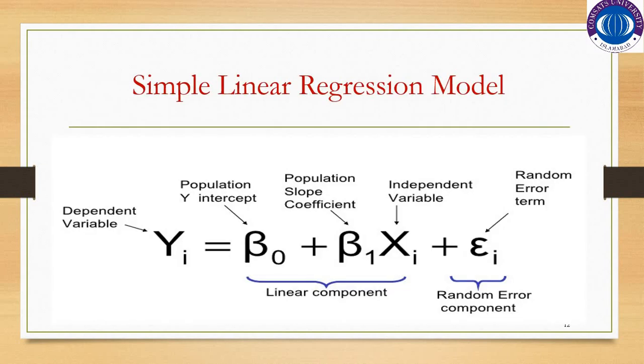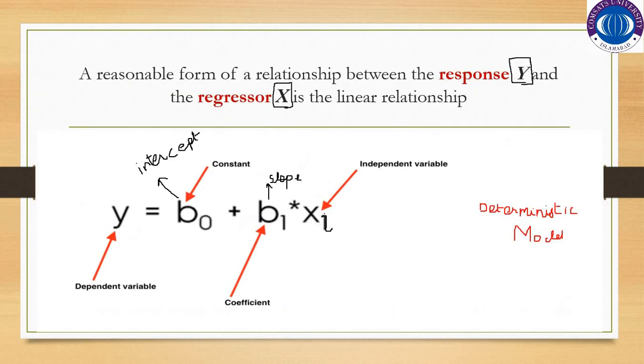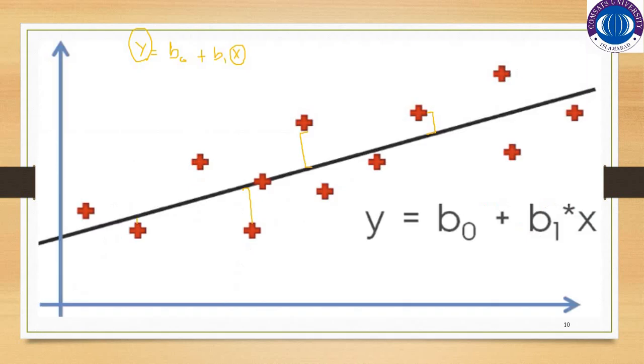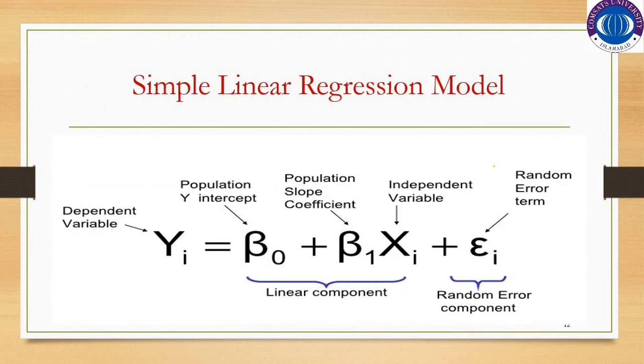So this one is the simple linear regression model, and this one is the non-deterministic model. Here this model was the deterministic model, as the error term is not present, but in this case this is the non-deterministic model.